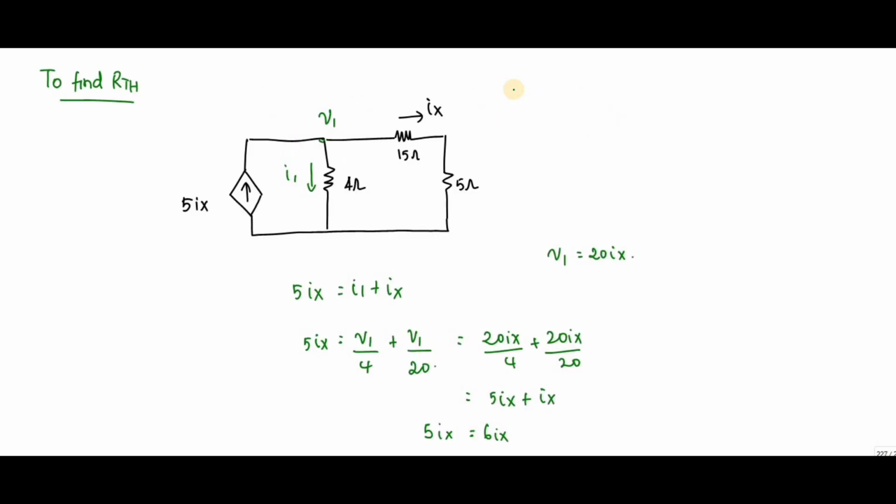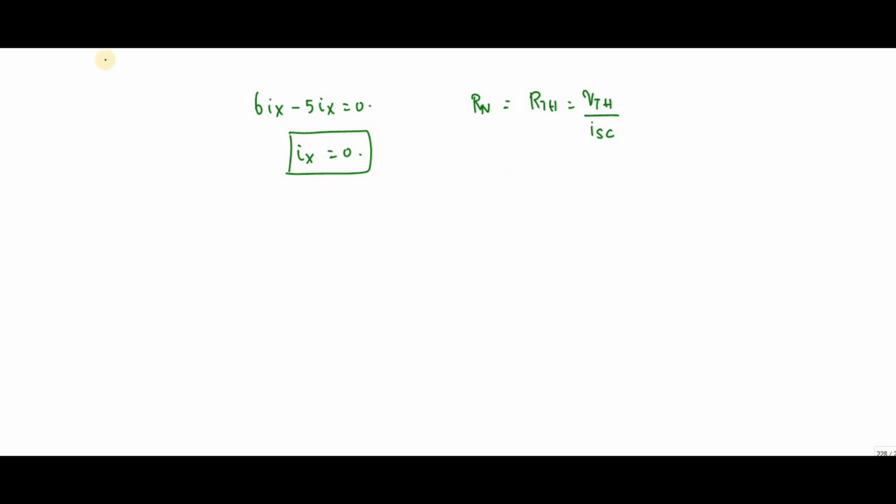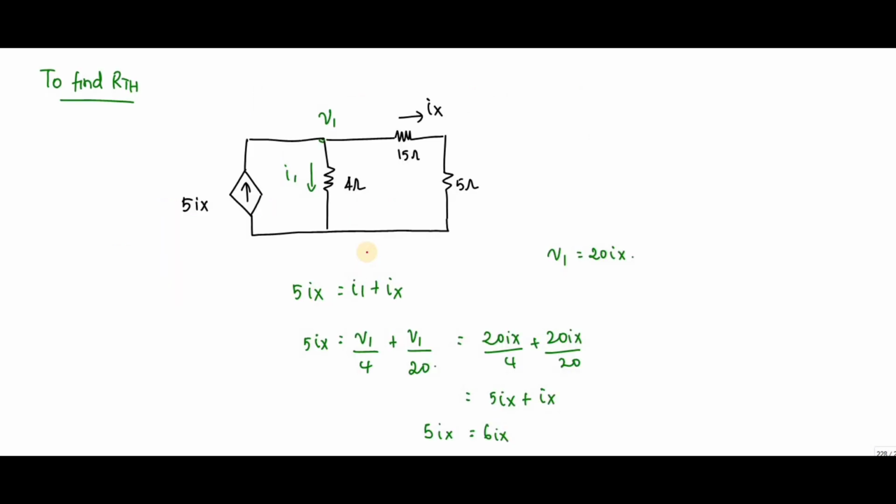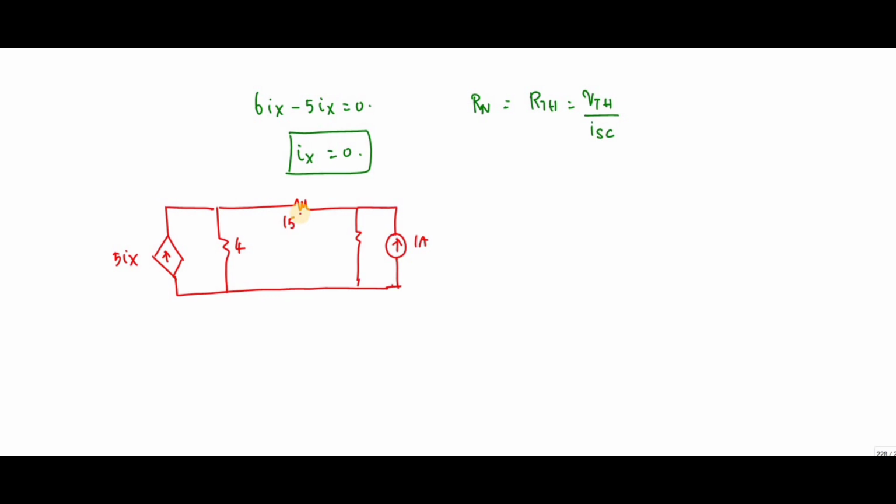So in order to avoid this case, I'm going to connect an extra current source of 1 amp at the output terminal.